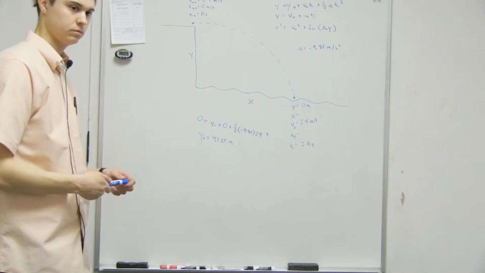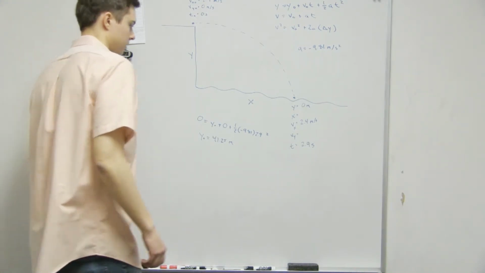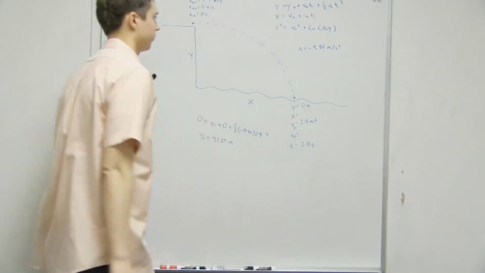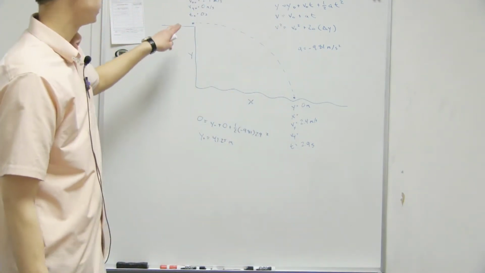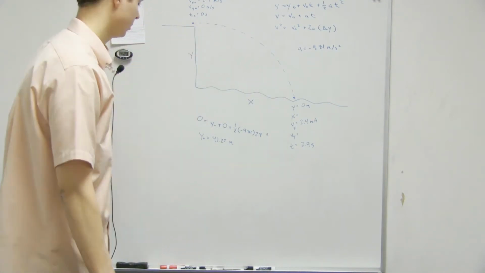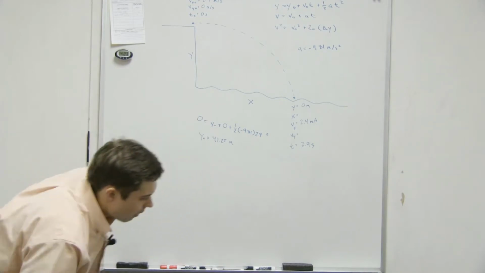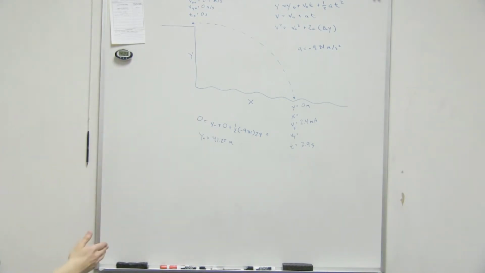Okay, and part B is how far out in the X direction? We know that his original velocity is maintained throughout his entire trajectory. So all we're looking for is how much ground he was able to cover in the 2.9 seconds that he was in the air.